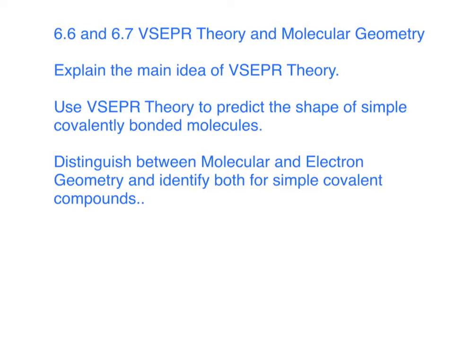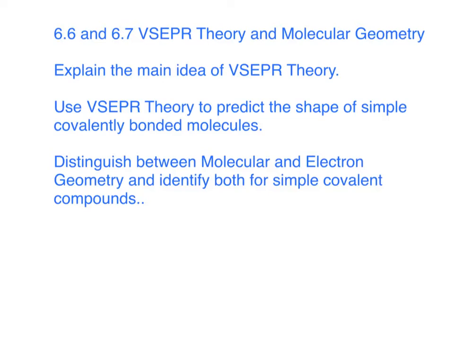And we're going to combine Lesson 6.6 and 6.7 in this lesson together because they kind of go together. We're going to talk about VSEPR theory and molecular geometry in the lesson.